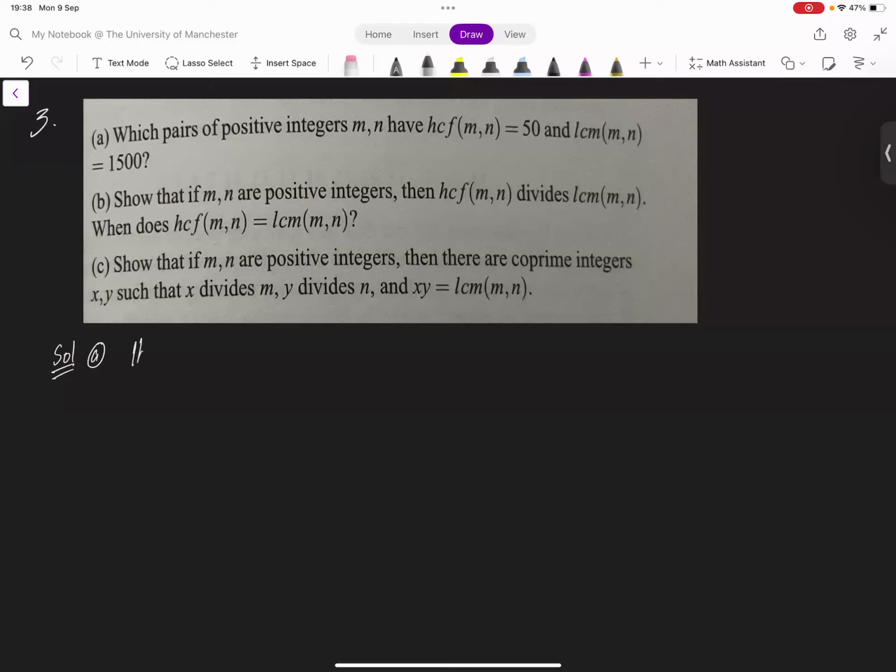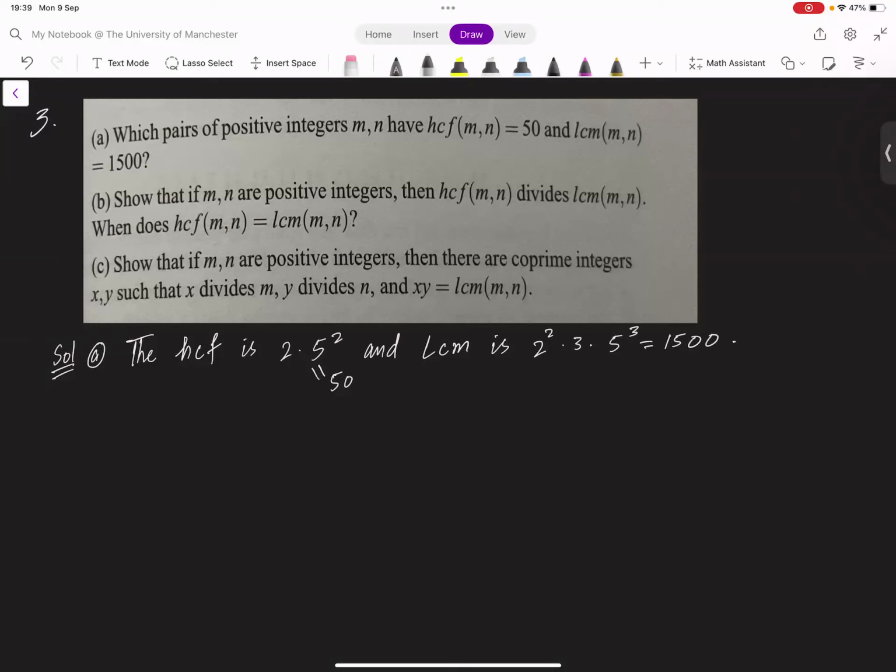So the HCF is actually equal to 2 into 5 square, and the LCM is 2 square, 3, and 5 cube, which is 1500.